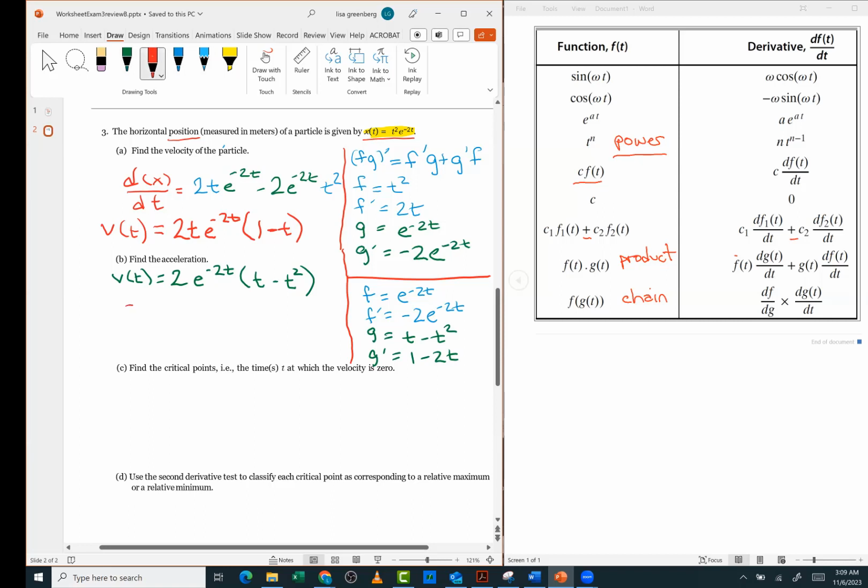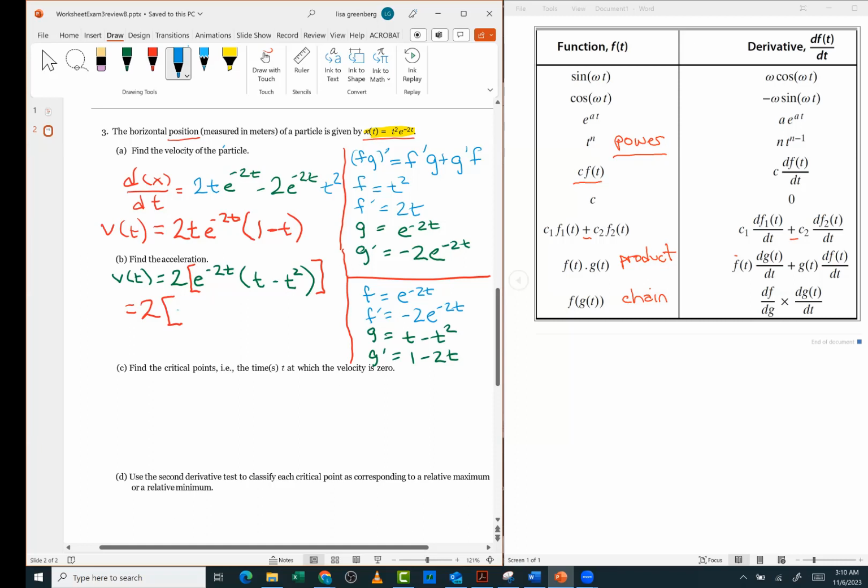So v of t is equal to 2. I just took the constant out. It's a constant times that function, and that function is built with two different functions. So I have 2 times f prime.